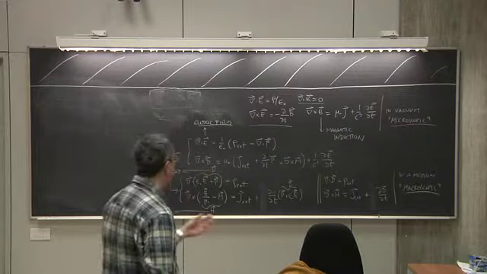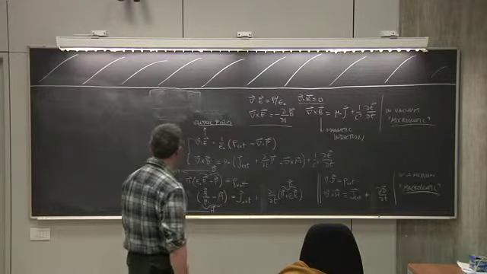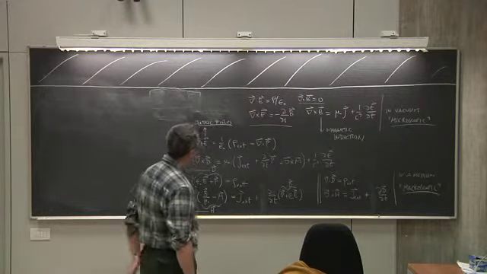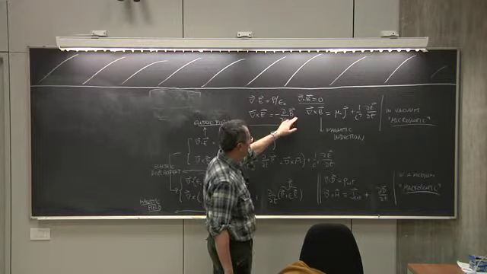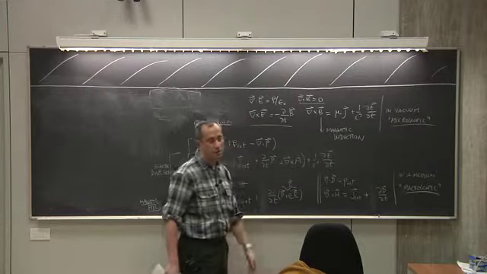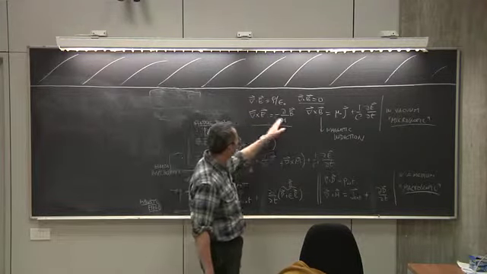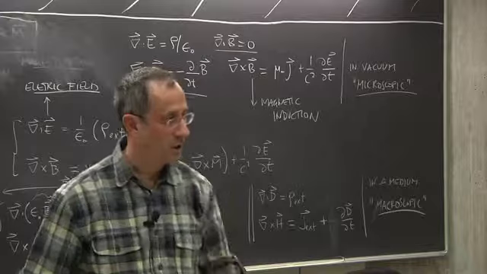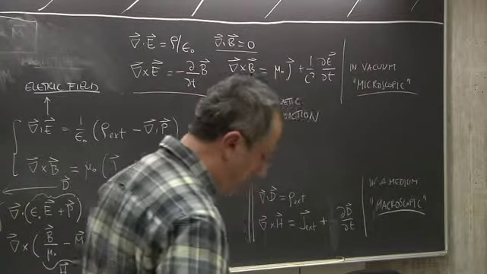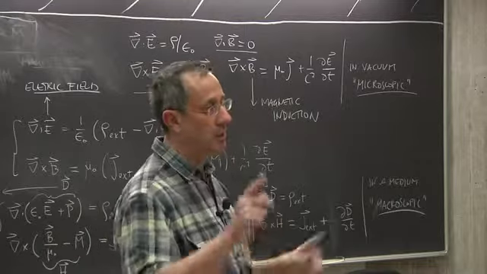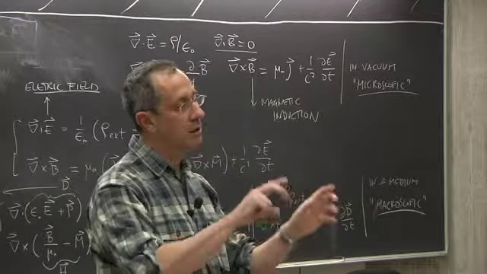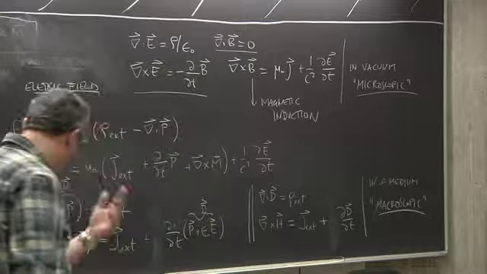Then I think you can replace everything with the D and H. No, but I think you should keep this, because the full set of Maxwell equations are with D, H, E, and B. Okay, it's a good point.